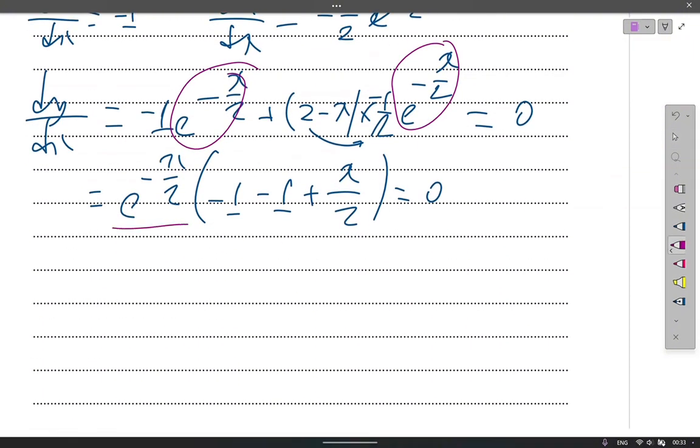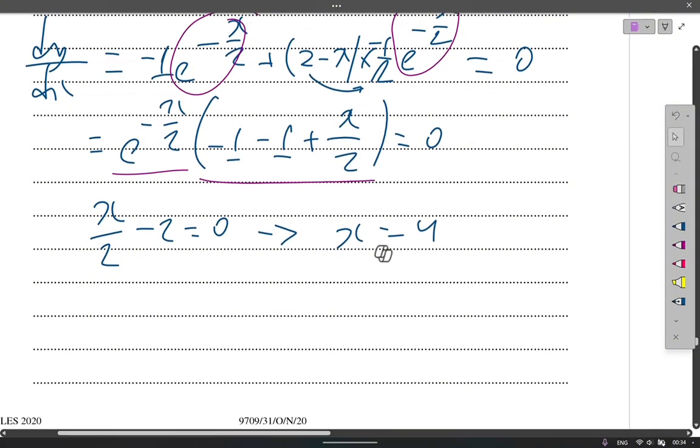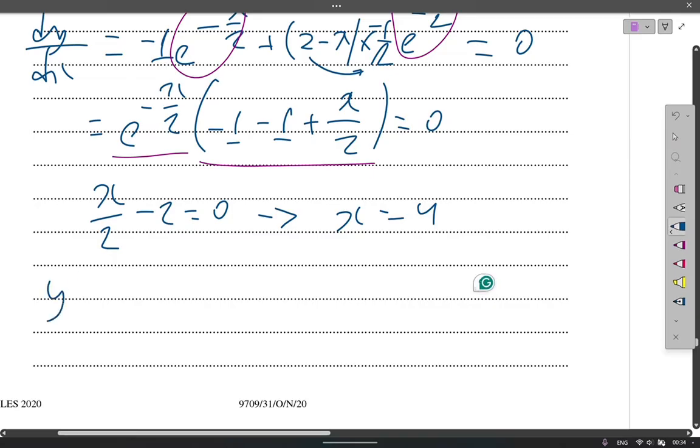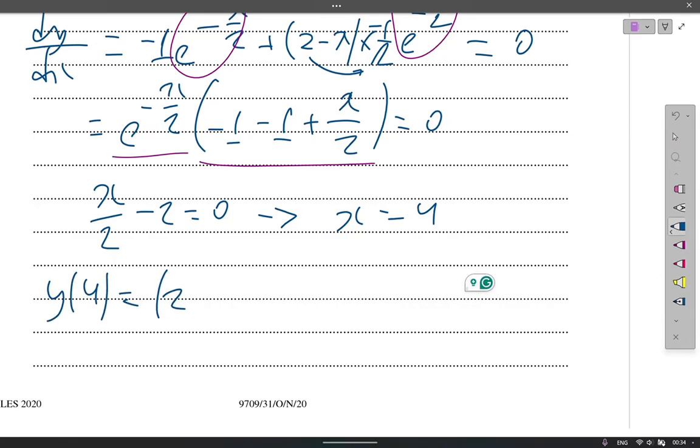Since this part never reaches 0, we can assume only this part gets to 0. It's this one. And if we solve for x, it's just x equals 4. And to find the y value, we can substitute x equals 4 into the original equation.